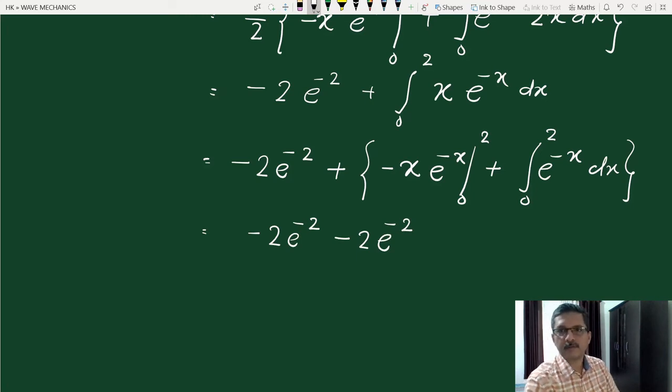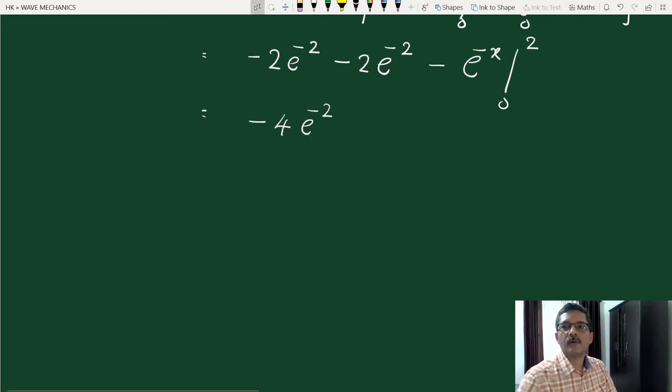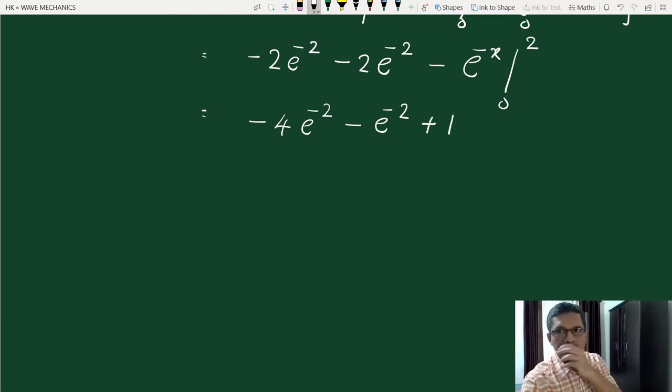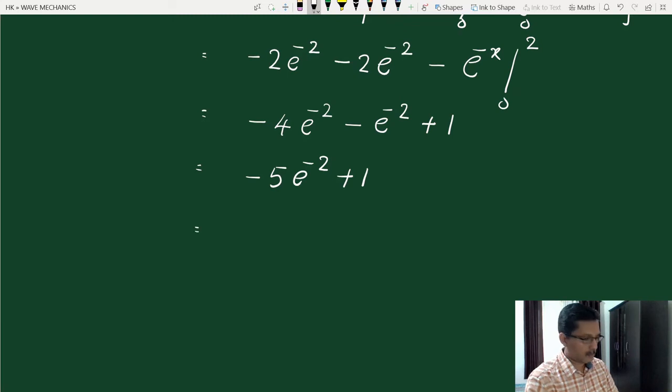Again the lower limit will give 0 value, and here the integral is minus e raised to minus x within the limits 0 to 2. So we have minus 4 e raised to minus 2, and this is minus e raised to minus 2 minus of plus 1, since e raised to 0 is 1. So minus 5 e raised to minus 2 plus 1. If you substitute, what you get is 0.323.